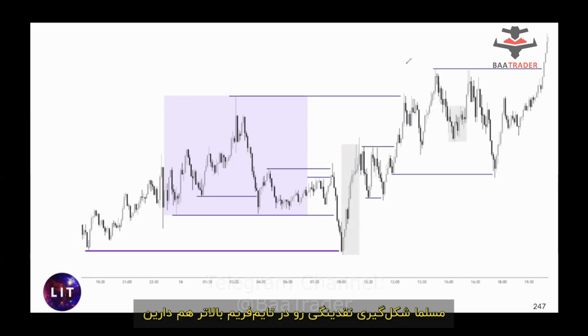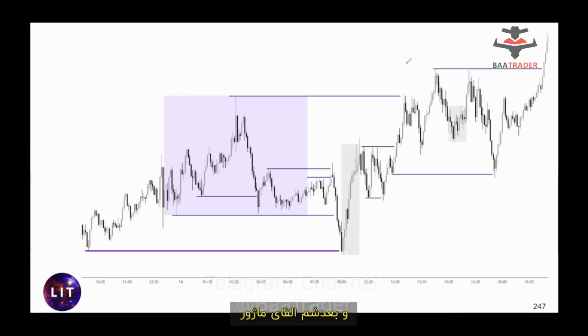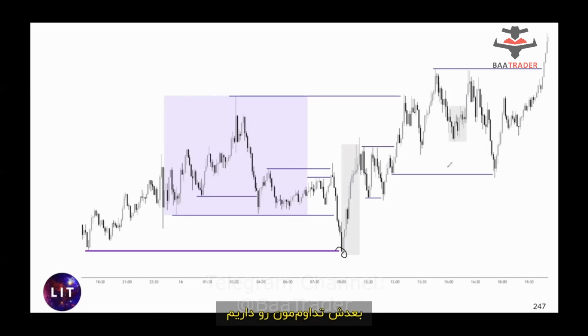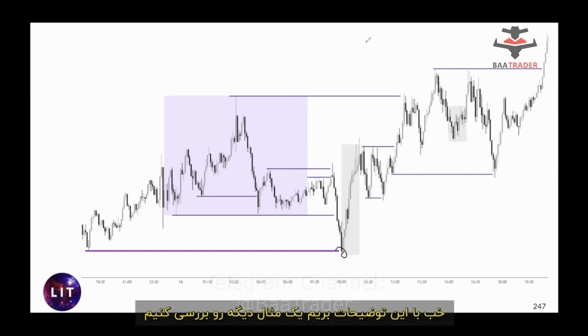However, that being said, you do also get, of course, liquidity built up on a higher time frame and then a major inducement. And then you start to get, of course, your minor inducement plays to form these structures of a continuation. So in this scenario, of course, the main inducement was low. Then we get our continuation and we continue to induce upon inducements. So with that being said, let's look at another example.